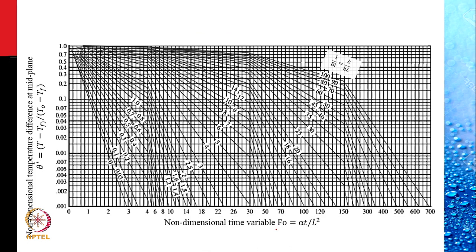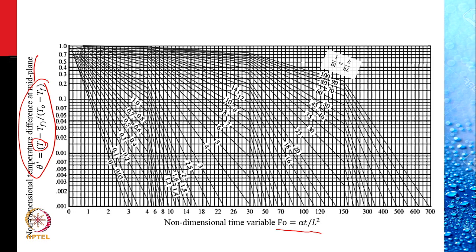Fourier number alpha tau by L square is given here. The non-dimensional temperature difference is here. And these are the curves for the different values of Biot number, or as is written here, of 1 over Biot number. This is the temperature at mid plane, T at x star equal to 0, at mid plane, at the center of the slab.